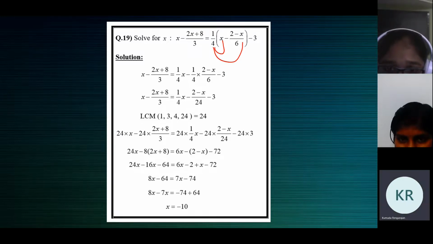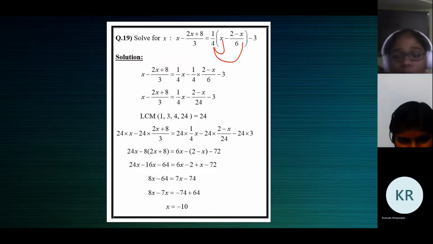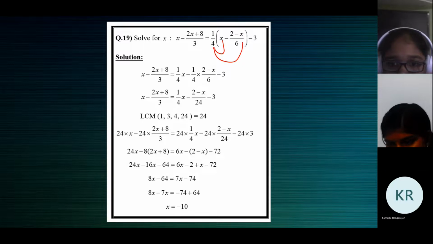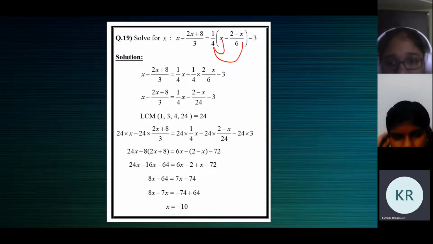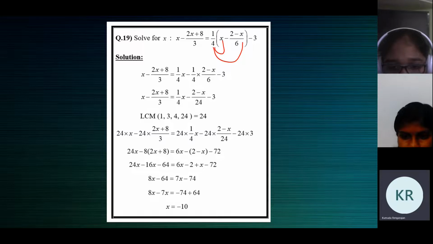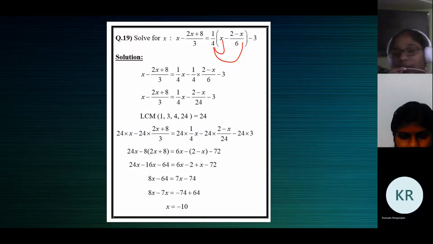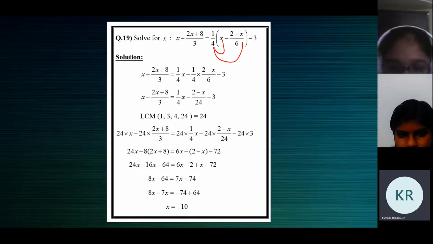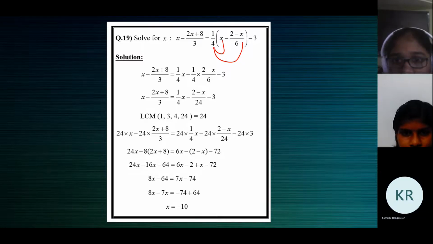So whatever is outside the bracket should be multiplied with the terms in the bracket. 1/4 is outside the bracket. You should multiply that number 1/4 with how many terms are there in the bracket? Two terms, ma'am.